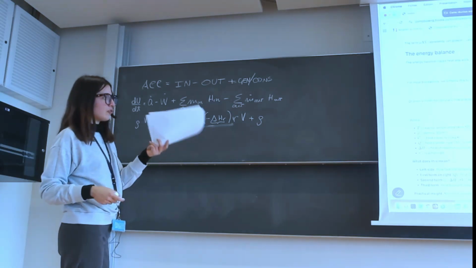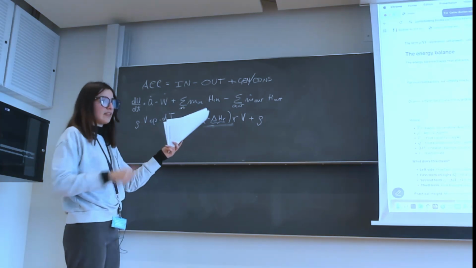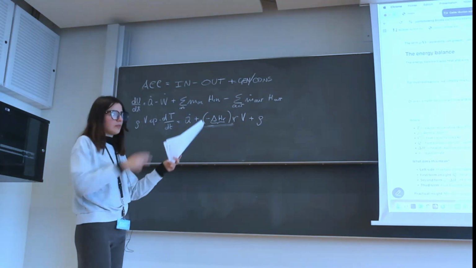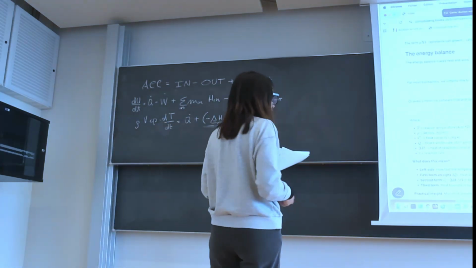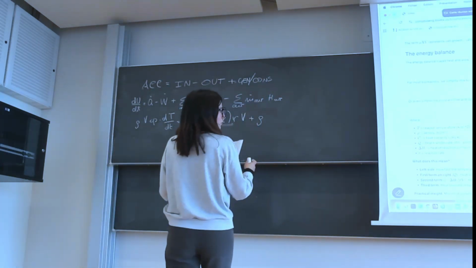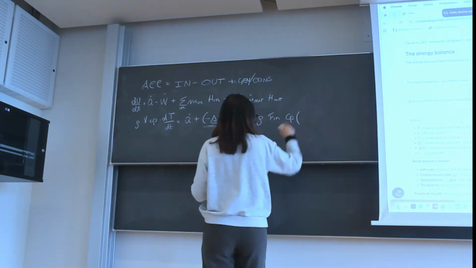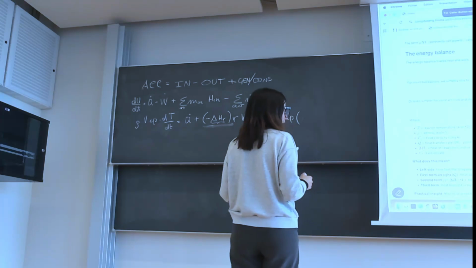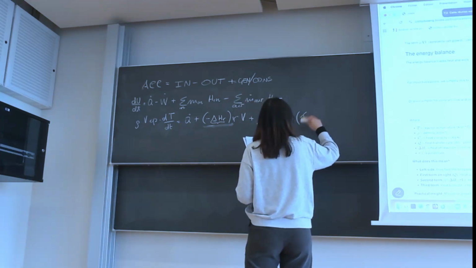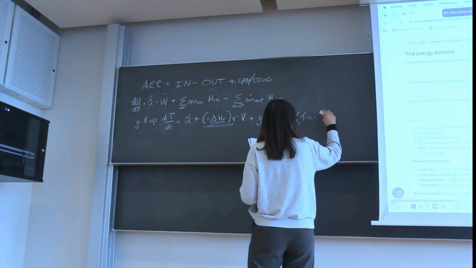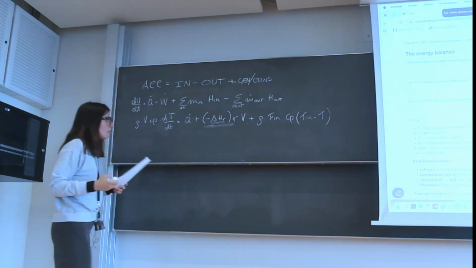And we are considering just one F, because we know that the global F in input is equal to the global F in output, times the Cp, so the heat capacity of the fluid, times the temperature in input minus the temperature that we have at time t.